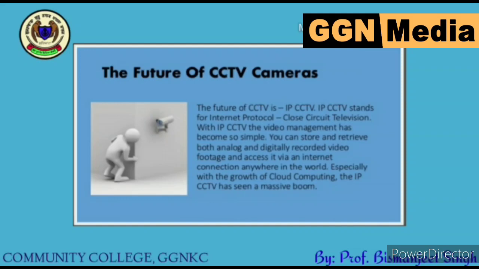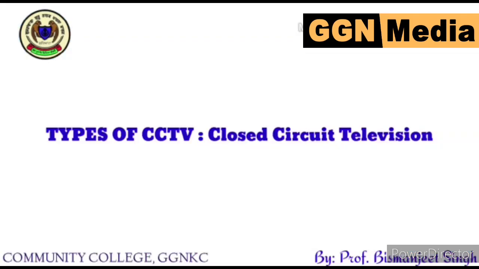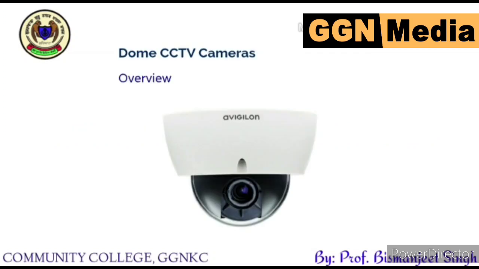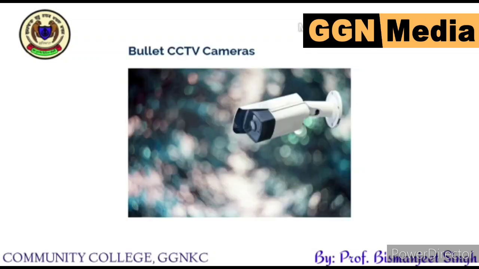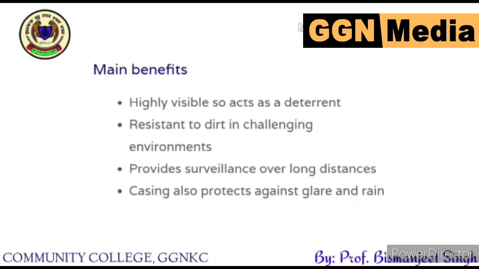Now we will discuss the types of CCTVs. This is the dome CCTV camera. It is easy to fit, with 360-degree rotation to cover all the angles. These are the bullet CCTV cameras. They are resistant to dirt, and a casing is there to protect from rain.